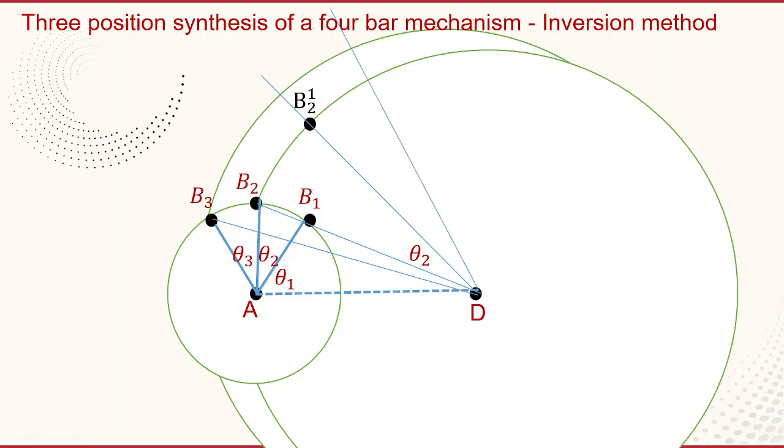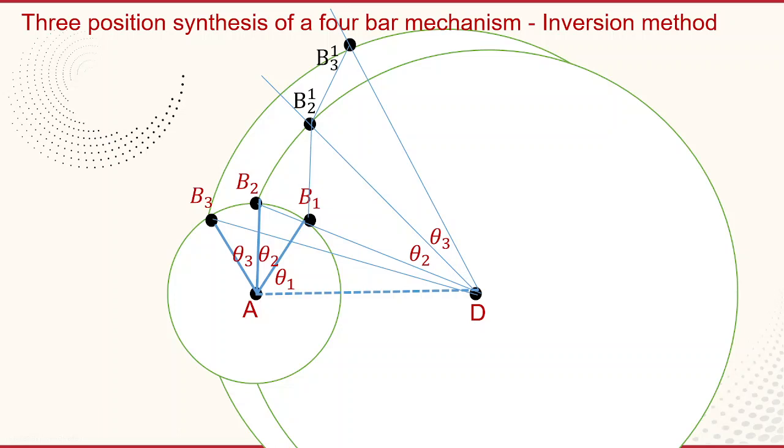This line intersects the outer circle, and that intersection point is B3 prime. Now join B1 to B2 prime, and B2 prime to B3 prime, with lines.